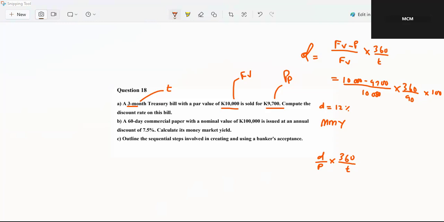It's supposed to be the par value minus the issue price, over the issue price, times 360.